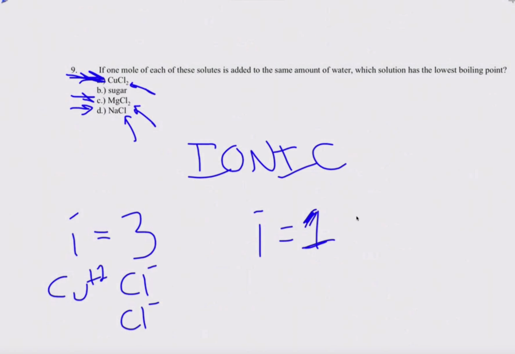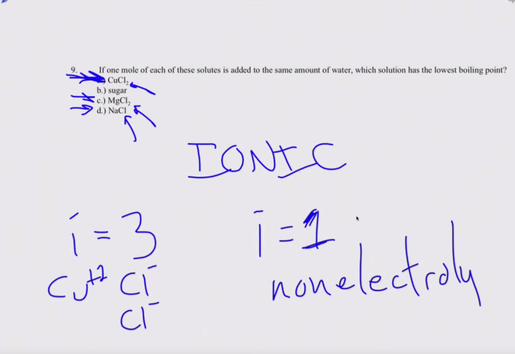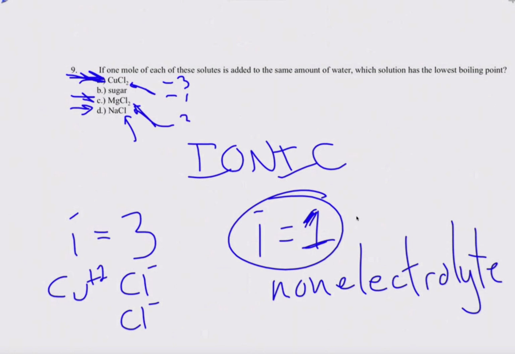Anything that's sugar or has carbon, or anything that says a non-electrolyte, that means it's not going to break apart, which means the i value is 1. So this has an i value of 3. The second one has an i value of 1. Magnesium chloride has an i value of 3 because it's a magnesium and 2 chlorines. Sodium chloride has an i value of 2.